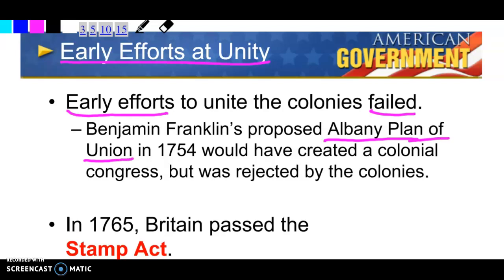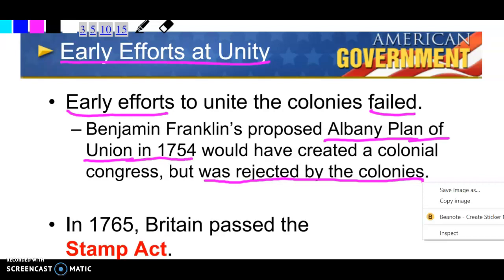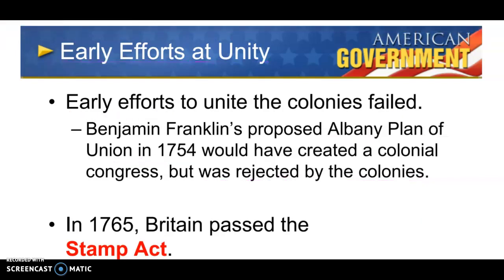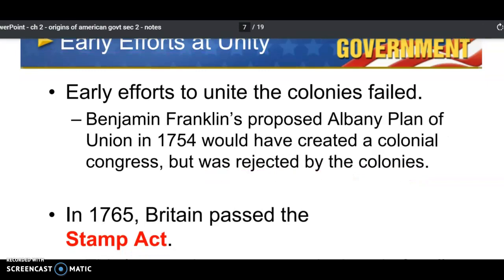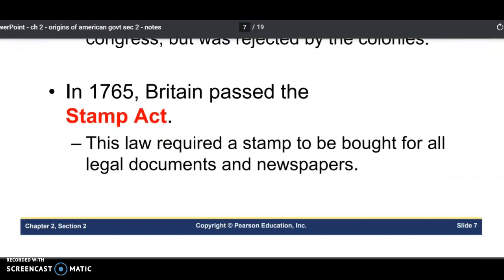So you need to know that the first one was the Albany Plan of Union, and that was in 1754. It would have created a Congress for the colonies, but what happened? It was rejected by the colonies. They did not all agree to become part of this Albany Congress.